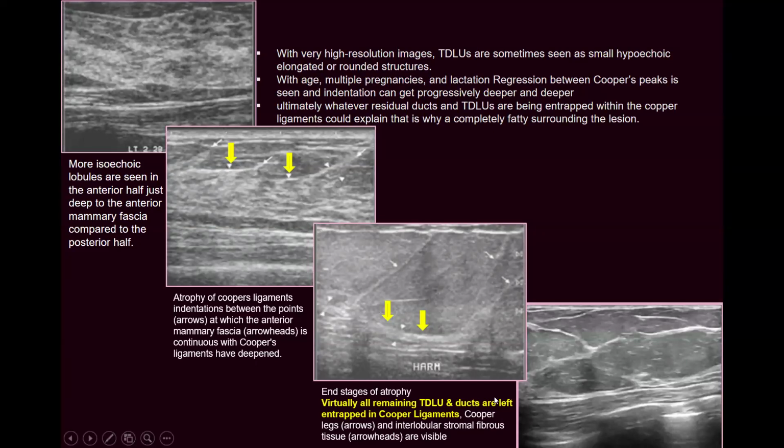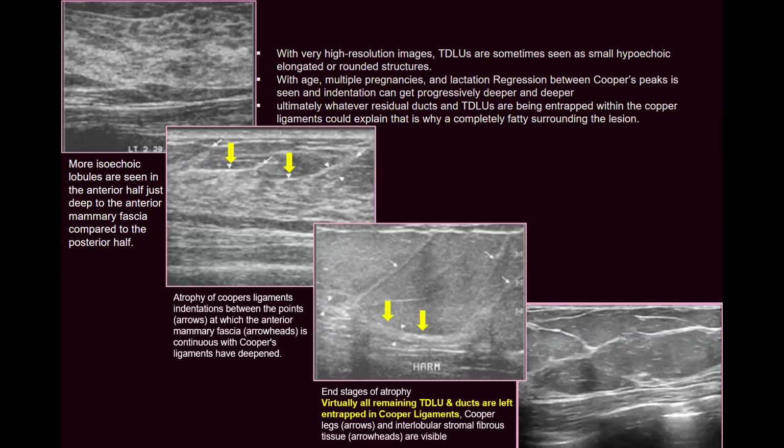When it starts to deepen, virtually all remaining TDLUs and ducts are left entrapped within the Cooper ligament. So when the breast is completely fatty, still there are a lot of residual Cooper ligaments. So within these Cooper ligaments, we have entrapped TDLUs and ducts.